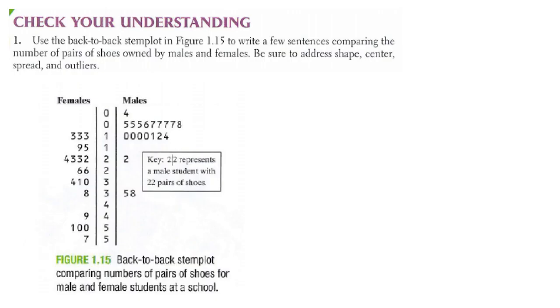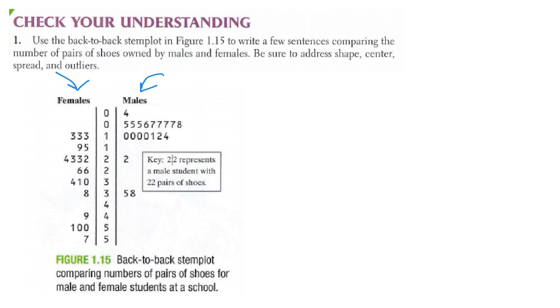Stem and leaf plots can also be set up in what's called a back-to-back stem plot. So this is the same data that we were just looking at. Number of shoes reported, females, males. You may have noticed on the previous slide that the male data was there. This one's been split up like we said. So it looks like 0 to 4 and then 5 to 9 is on the next line.